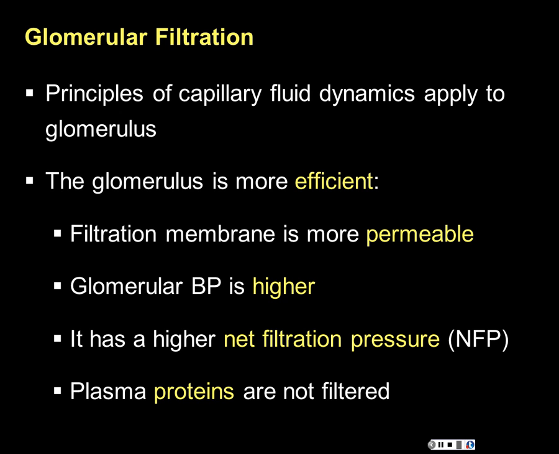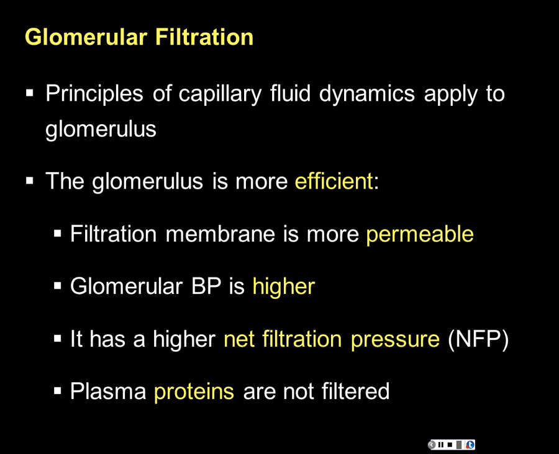We know the blood pressure is higher in the glomerular capillaries than other capillaries because of the afferent-efferent arterial relationship. Because again, here we only want to filter. We don't want to reabsorb.